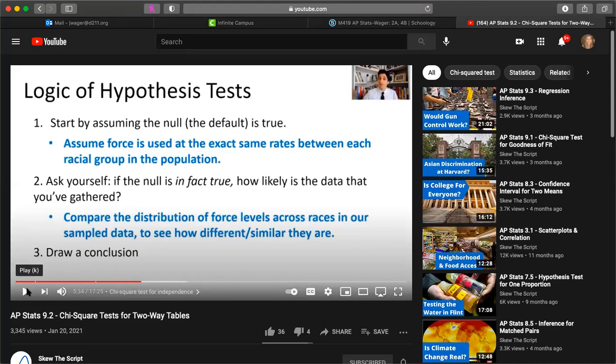The difference between section 11.1 and this test, 11.1 only really had one variable, M&M color or birth rate. There was only really one variable, whereas today we're going to look at what we call a two-way table. There are multiple variables. In this particular first assignment, the first variable is the amount of force, and the second variable is your race.